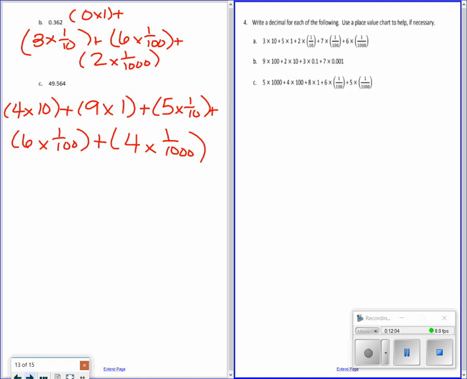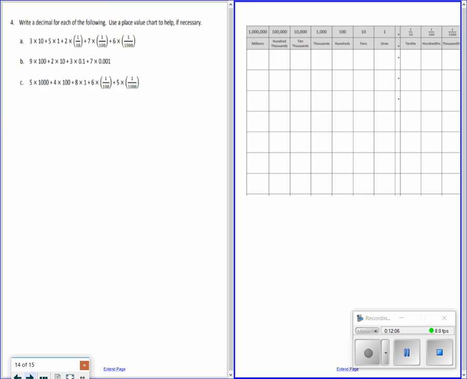Write a decimal for the following. Use the place value chart to help if necessary. And then, of course, if you needed to add the parentheses. I'm not going to, because I ended up covering up my numbers and couldn't see them.